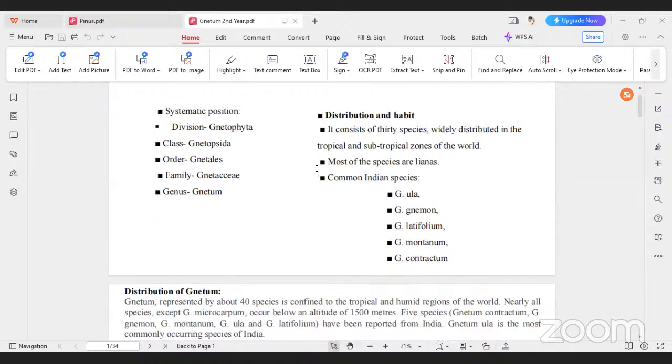Is it clear? Visible or not? PPT? Yes. Right. So like Pinus, systematic position: same class, Gnetopsida, Gnetales, Gnetaceae, Gnetum.